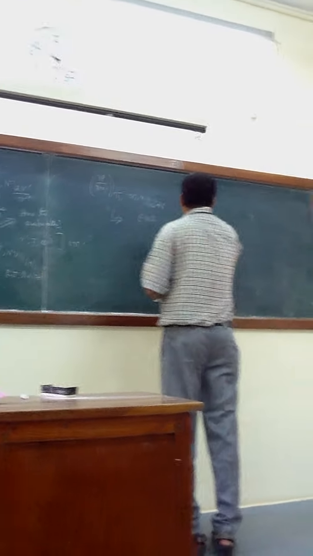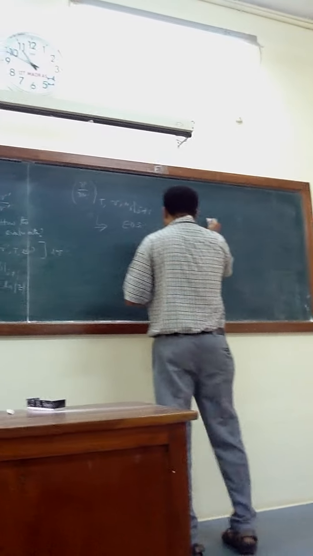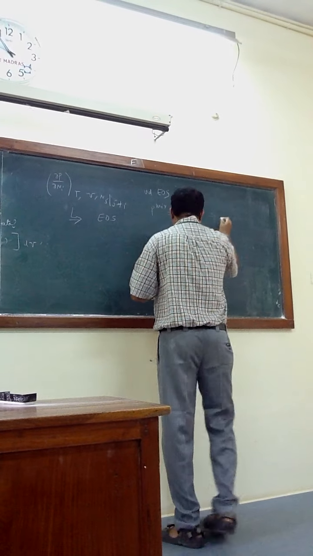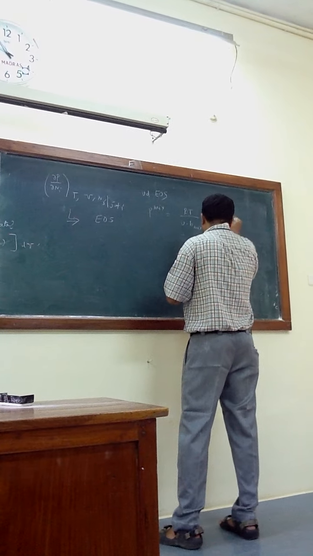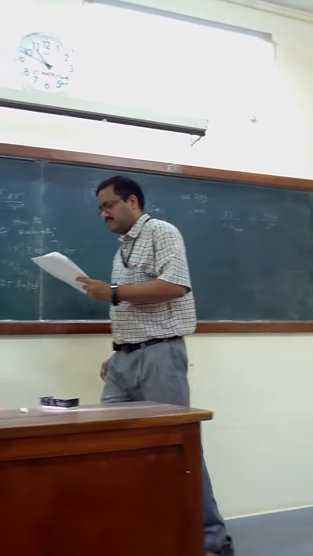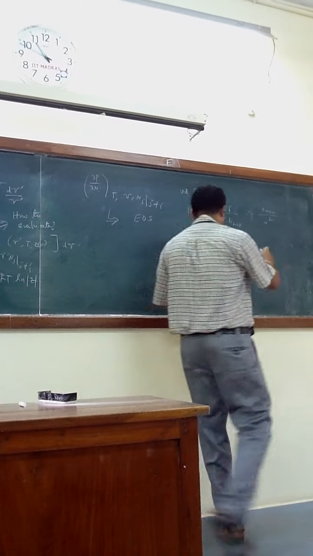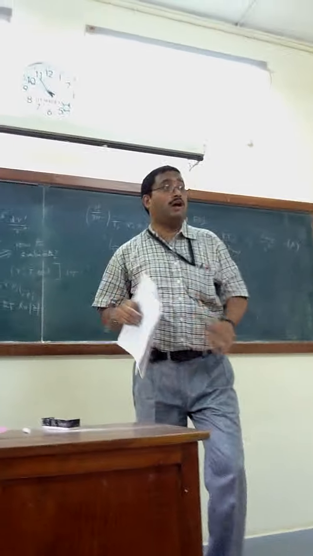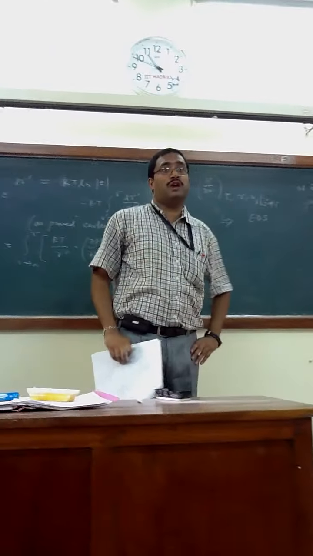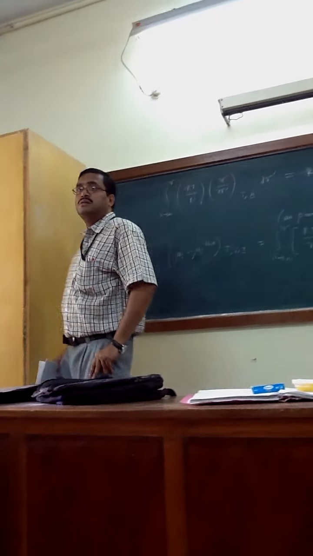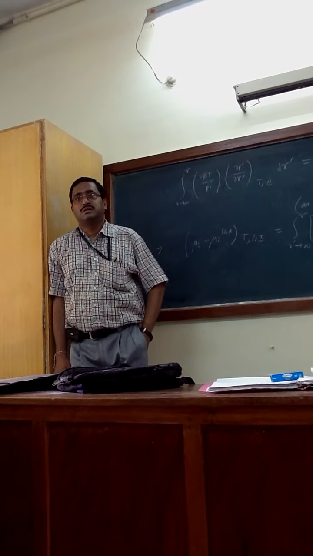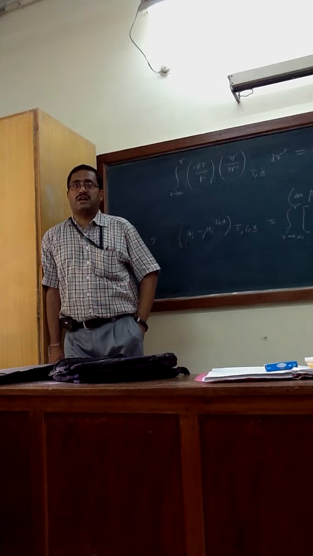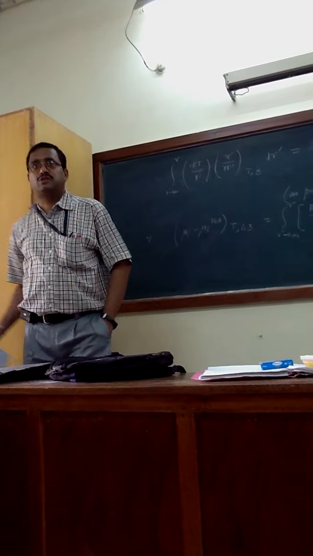P mix equals RT by v minus b mix minus a mix by v square. From here we can calculate dou P by dou Ni. The dou P by dou Ni calculation will change based on the equation of state. It is easy for Van der Waals equation of state. It gets complicated for SRK and Peng-Robinson equations of state.